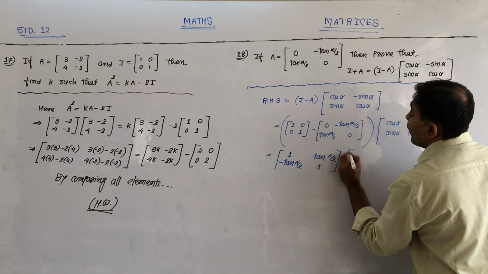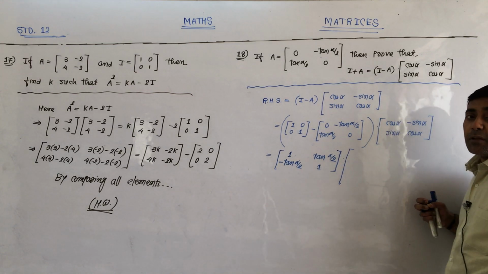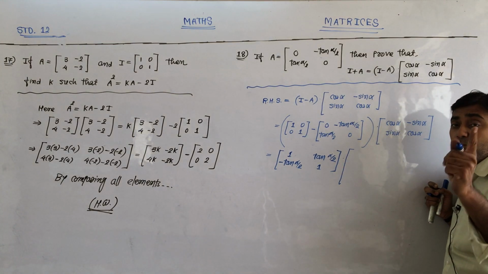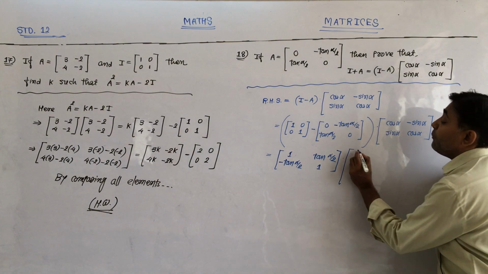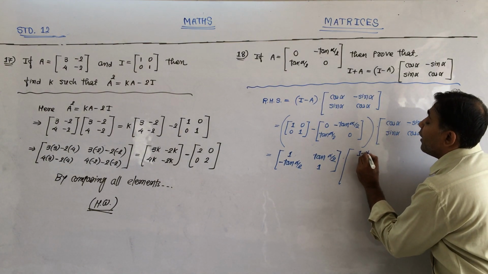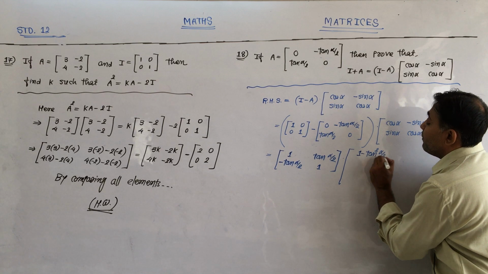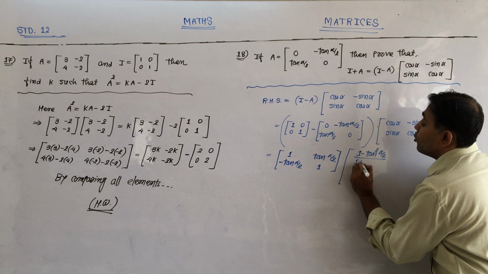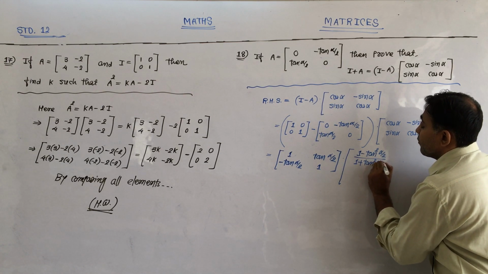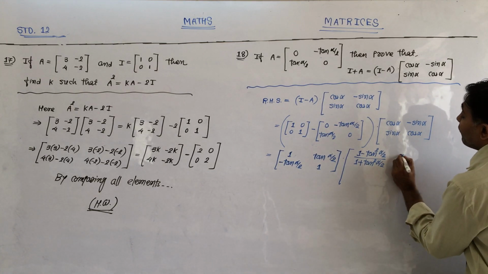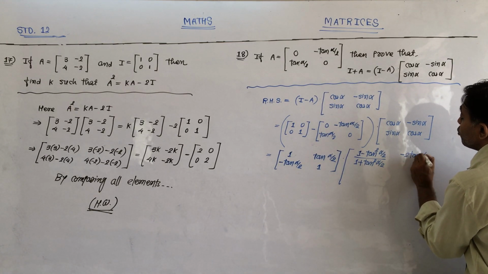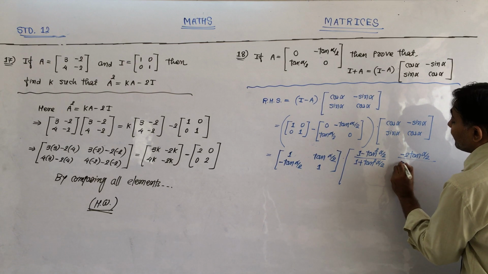Okay, now what is cos alpha? Convert it in tan. I think you know the formula very well from standard 11. Cos alpha can be written as 1 minus tan square alpha by 2 upon 1 plus tan square alpha by 2. I hope you know the formula. And what is sin alpha? It is 2 tan alpha by 2 upon 1 plus tan square alpha by 2.